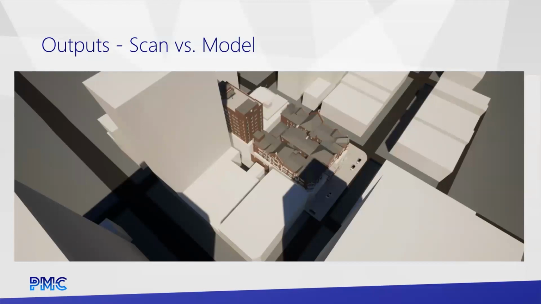There are use cases where you can get by with just the model or just the point cloud. Maybe it's project coordination, things like that. But oftentimes you really need to get the CAD model developed, and that is a separate step from the scanning step.